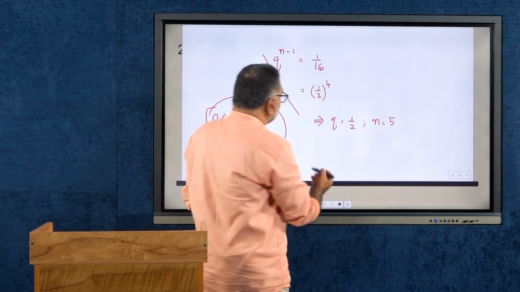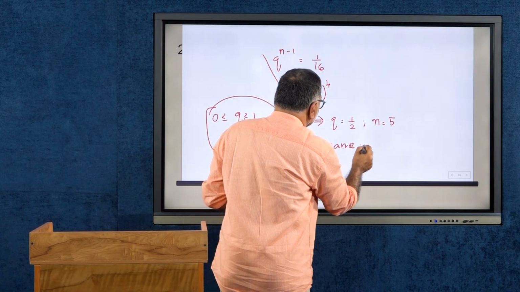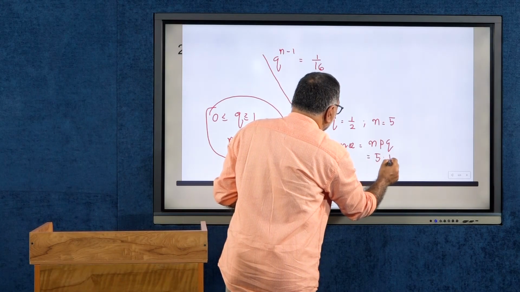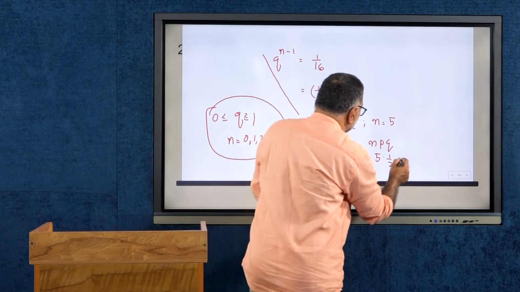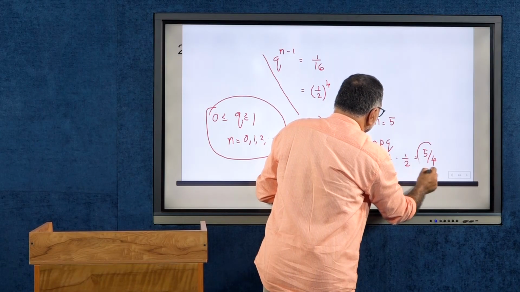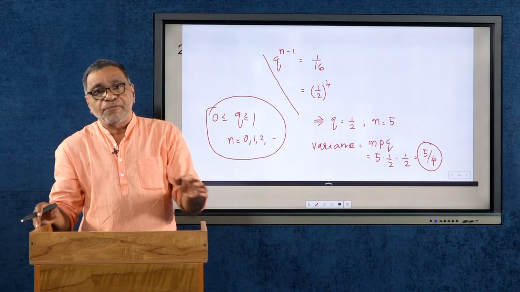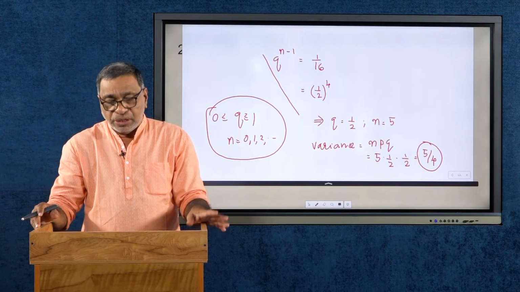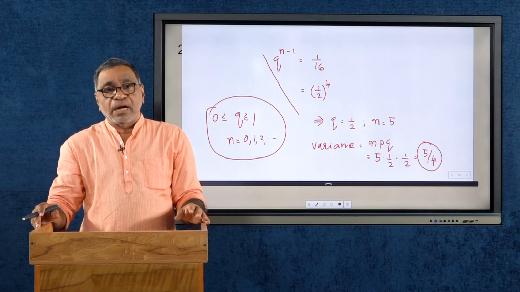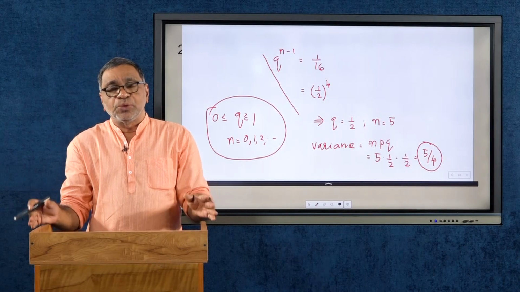And hence, what is the variance? Variance is equal to npq, that is 5 into 1 by 2, p is 1 by 2, q is also 1 by 2, so that is 5 divided by 4. So the question is to find the variance of the binomial distribution if you are given one expression regarding the mean and another expression with regard to a probability value.